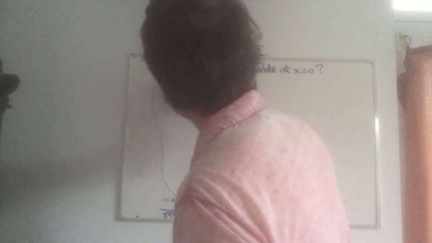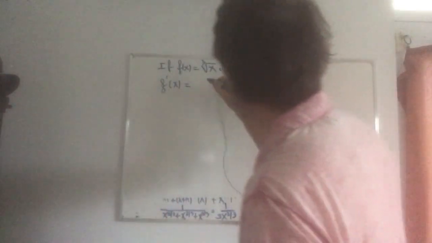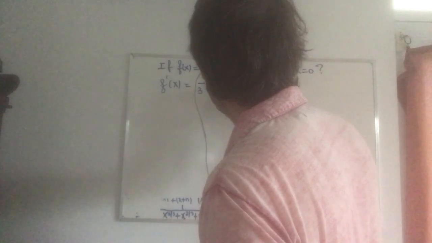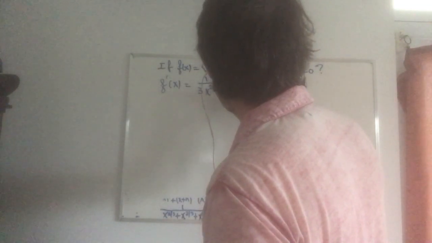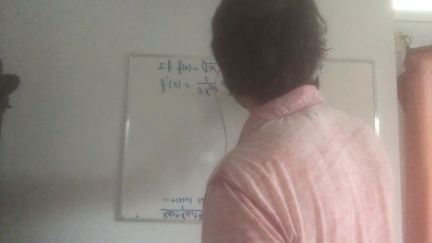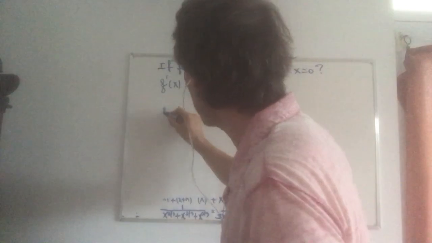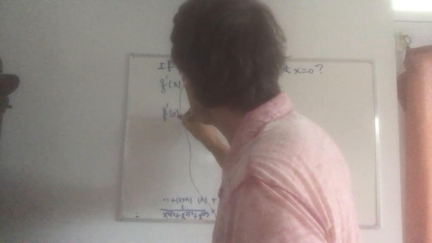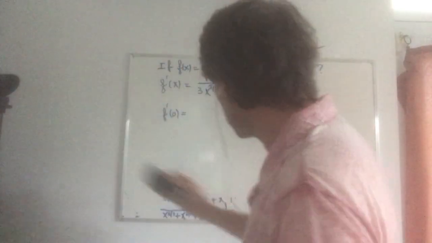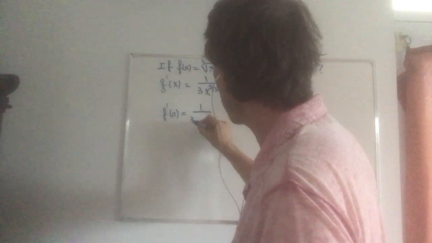We have found that f prime of x is 1 over 3 x to the 2/3, which you can of course rewrite as 3 cube root of x squared. So what is f prime of 0 now? Well, just replace 0 into that.